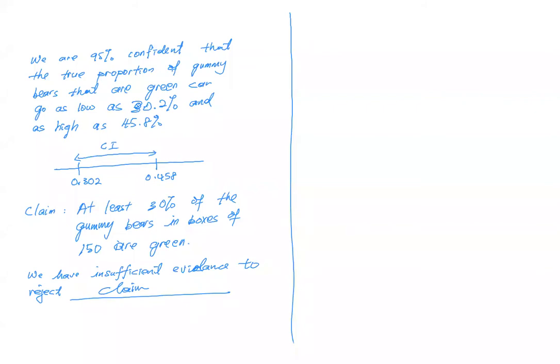This evidence doesn't allow you to reject the claim. That is the meaning of insufficient evidence to reject, because we don't want to use the word accept. It's not 100% true, so try not to use that word. This evidence says I don't reject. The next evidence maybe I will reject.